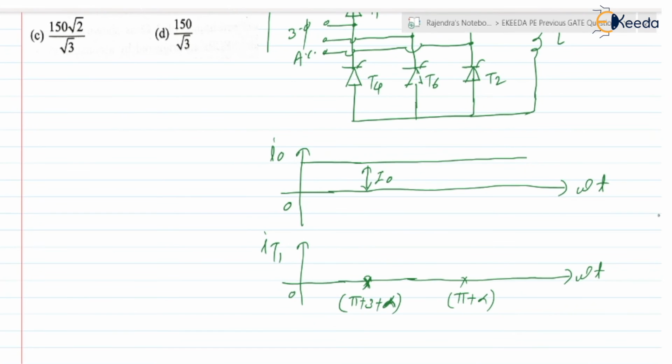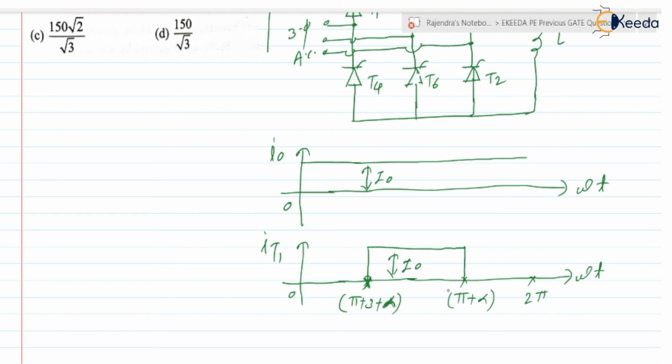So the waveform for the current IT1 will be like this. This magnitude is the same as that of the load current, I0. This is for one cycle, 0 to 2 pi, and it will be in conduction mode from pi by 3 plus alpha to pi plus alpha.